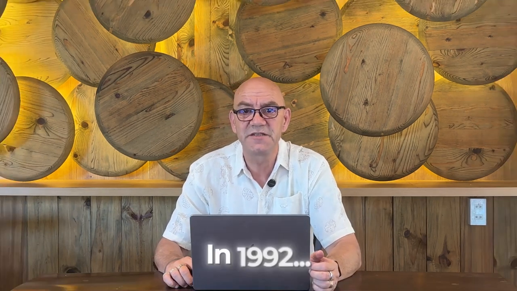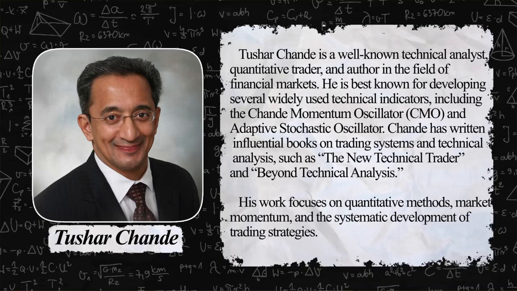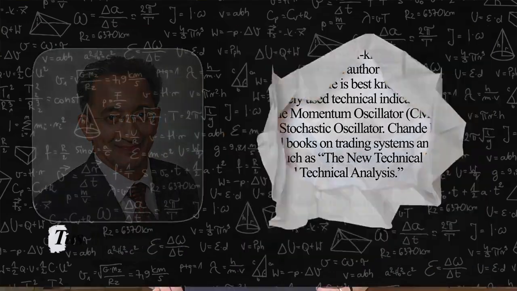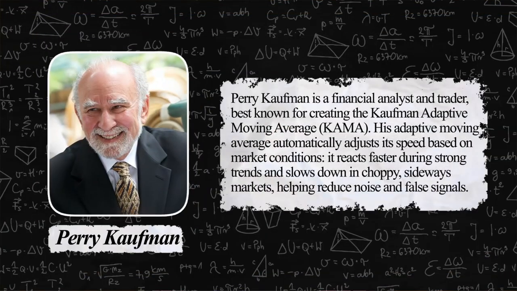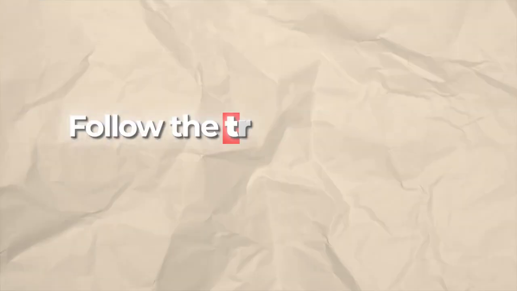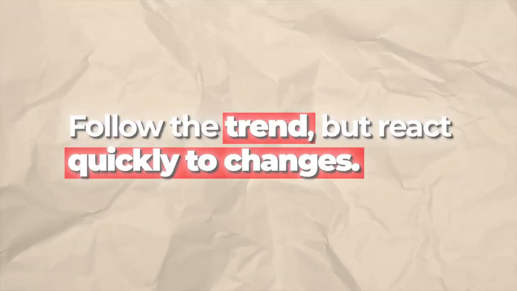In 1992, Tushar Chande developed an adaptive moving average that took market volatility into account. A bit later, in 1995, Perry Kaufman proposed his own version based on the idea: follow the trend, but react quickly to changes. This became the foundation for creating the Exponential Moving Average, EMA.